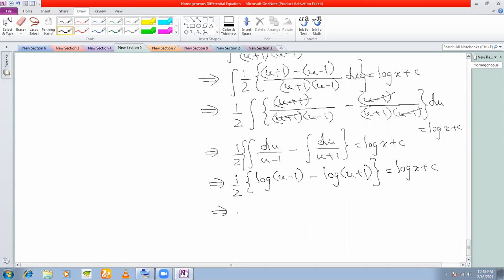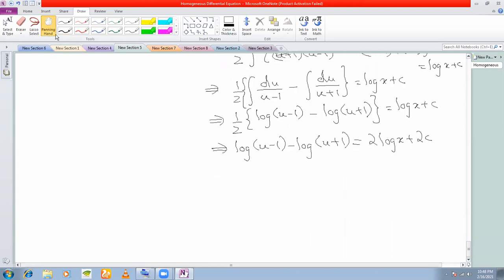Now you can cross multiply to get log of u minus 1 minus log of u plus 1 is equal to twice log x plus 2c. Now what can you write?